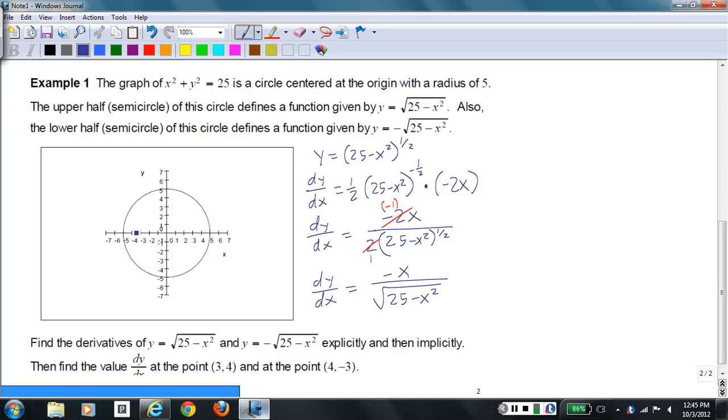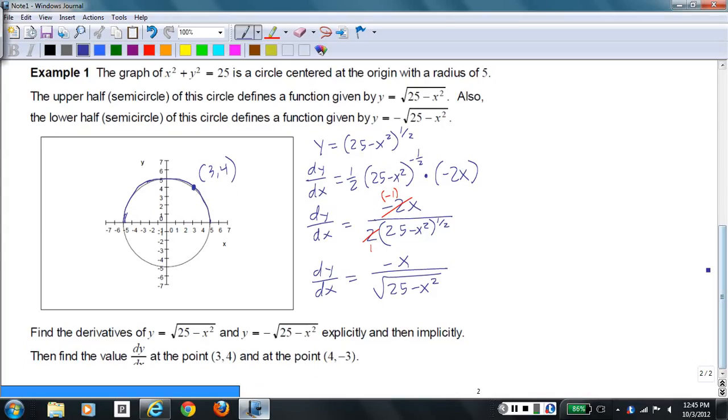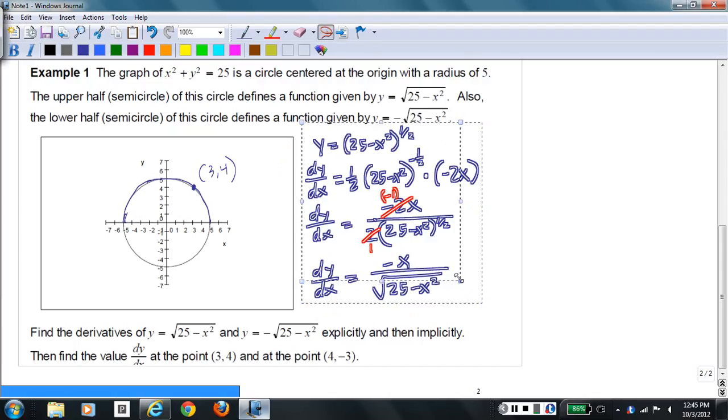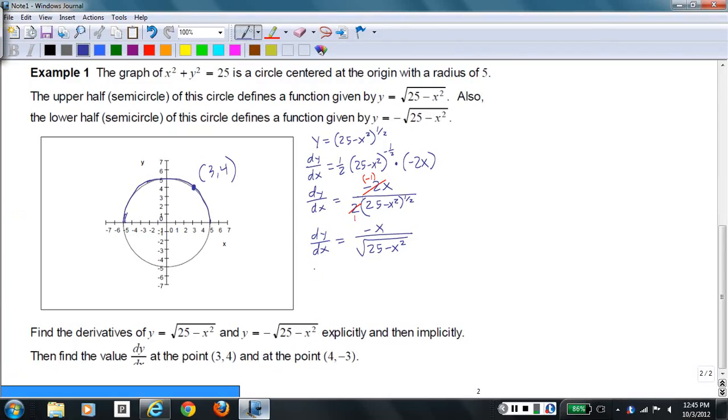So at that point, if we want to find the slope of the tangent line anywhere on the top semicircle, we can do it. If we want the slope of the tangent line at the point (3, 4), which is on the top semicircle, all we need is the 3, because this is given explicitly in terms of x. So all we have to do is substitute 3. We'd say dy/dx at x equals 3.